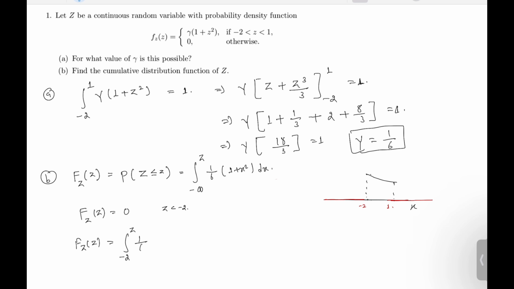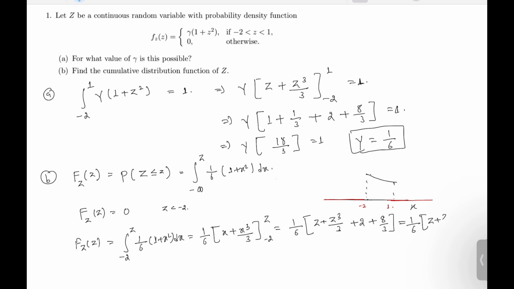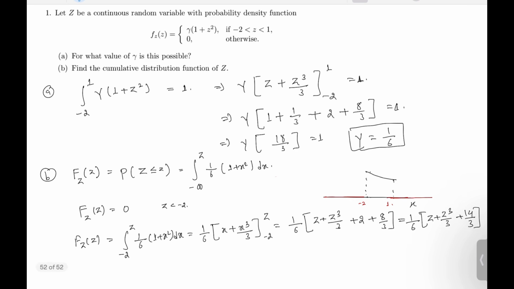We have this PDF, 1 plus x square dx, and if we integrate, what we get is 1 divided by 6 x plus x cube divided by 3, evaluated from -2 to z. So 1 divided by 6 z plus z cube divided by 3, and here we will have plus 2 plus 8 divided by 3. So overall we will have 1 divided by 6 z plus z cube divided by 3 plus 14 divided by 3, right?